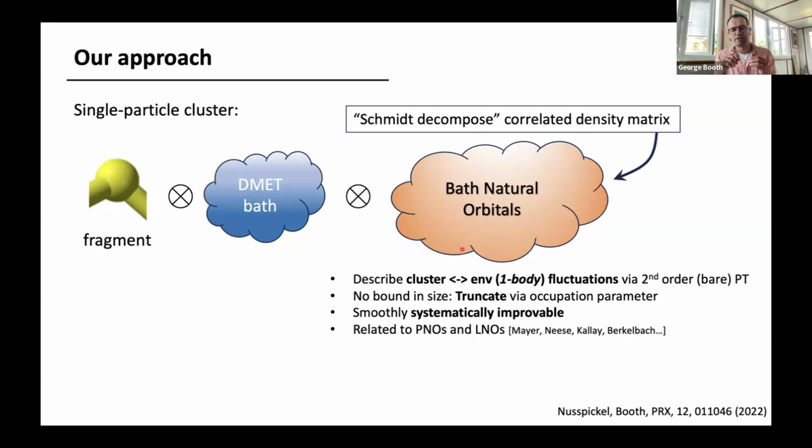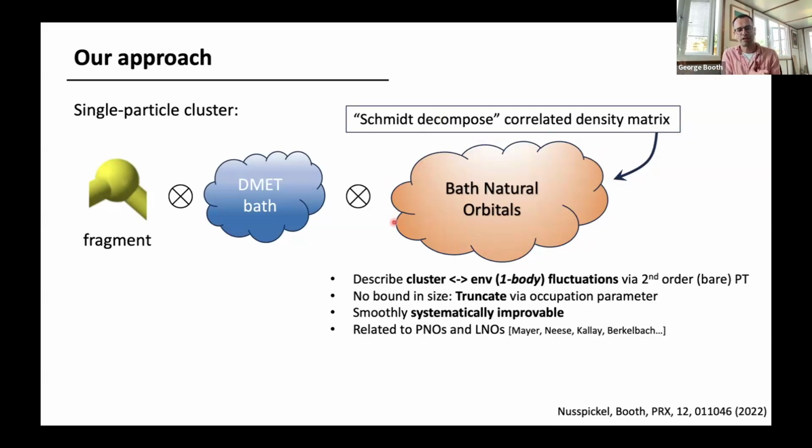It's just coming from a correlated level of theory. And because of that, it means that we don't have these rigorous properties of the Schmidt decomposition, which truncate the number of orbitals that this gives rise to. This is actually a feature, not a bug. It gives us a systematically improvable parameter whereby we can choose the size of this bath natural orbital basis.